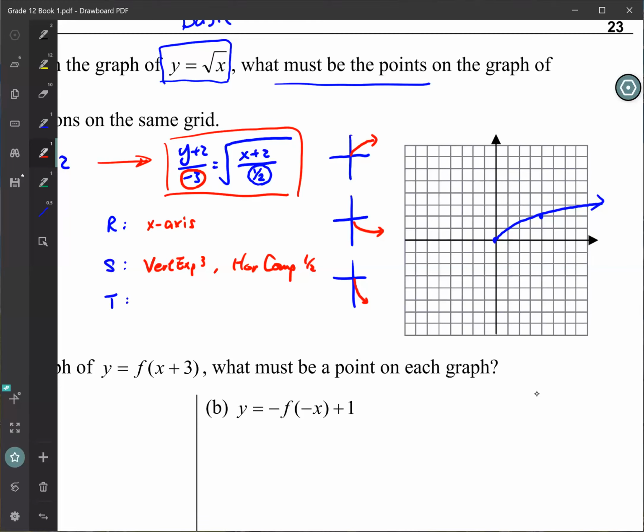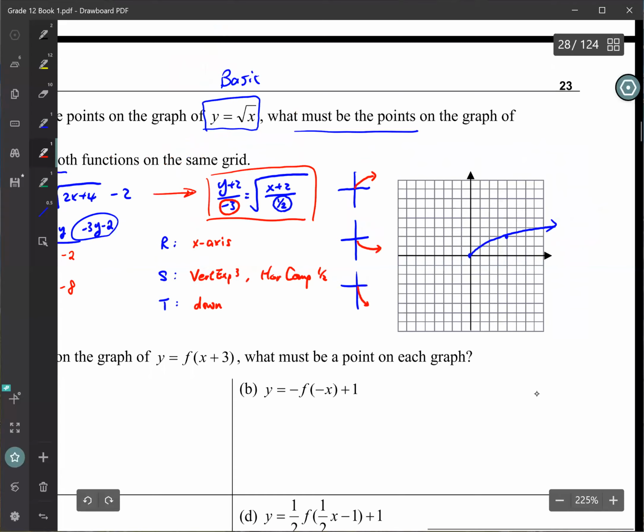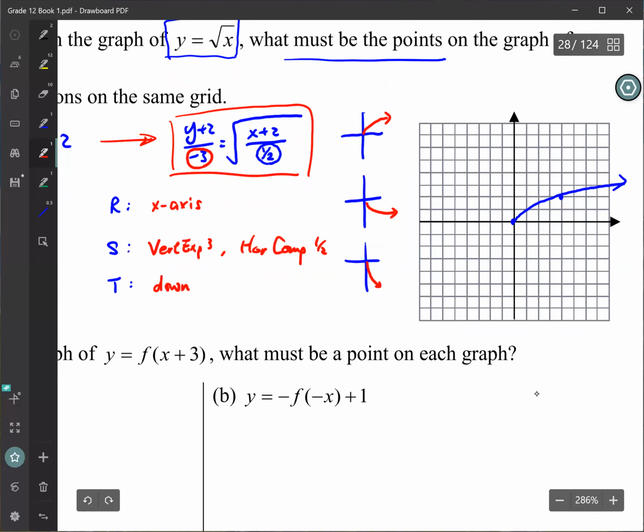Down by 3. Down by what? Look again, look at the story form. Down by 2.